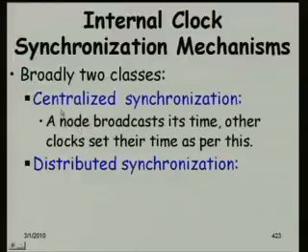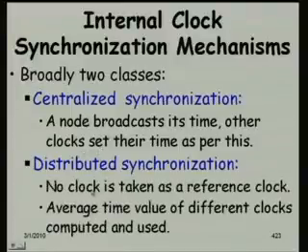Here one of the nodes will broadcast its time, and other nodes will set their time according to this. Whereas in a distributed clock, no clock is taken as the master clock or the reference clock, and the average of clock values, not all clock values, as you will see, many of the clock values are used to set the time which is agreed by all clocks.